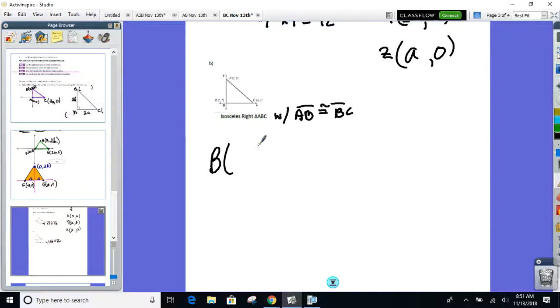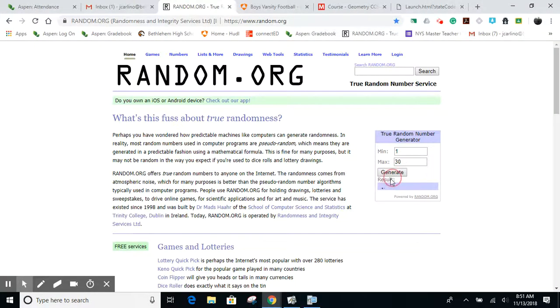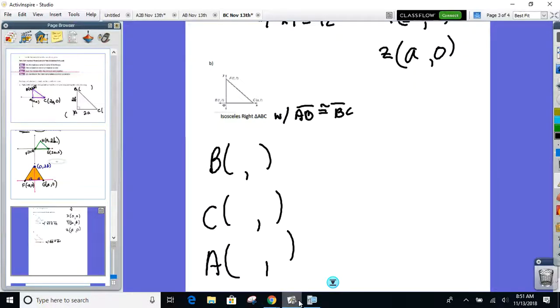I'll start with coordinate B, and then we'll move to C and A. Coordinate B, 0, 0.